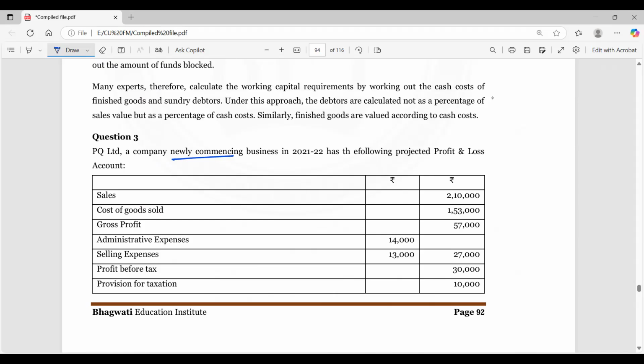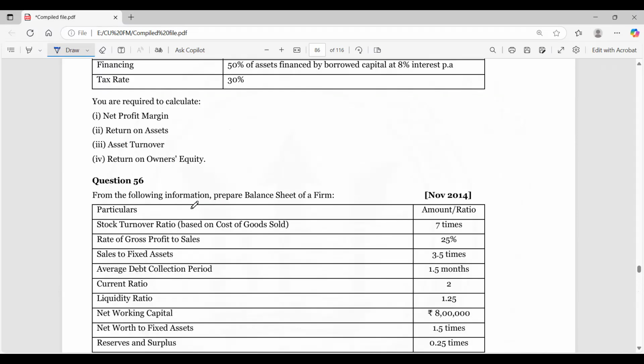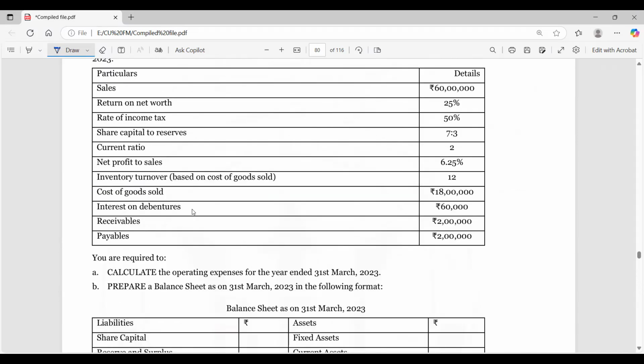In these kind of questions, we cannot make the assumption because for newly formed companies, there is no opening stock. They will have only closing stock, right? If it is an existing company, in this chapter, we will make an assumption that opening stock is equal to closing stock. Here also for this particular question, we are making the assumption. Otherwise, this question will not work.